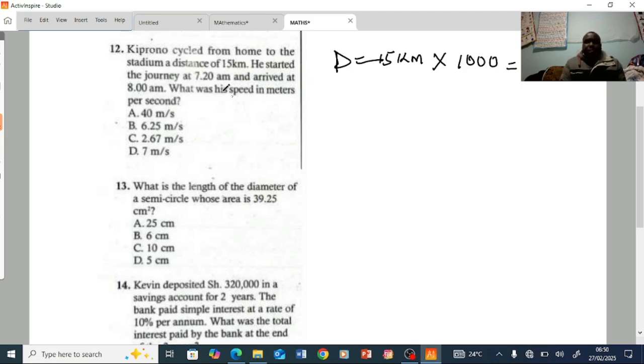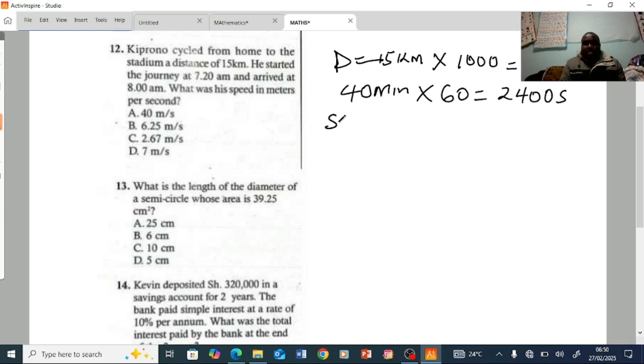Time. He started at 7:20 and arrived at 8, which means he spent 40 minutes. You convert this 40 minutes to seconds by multiplying by 60, so we will have 2400 seconds.